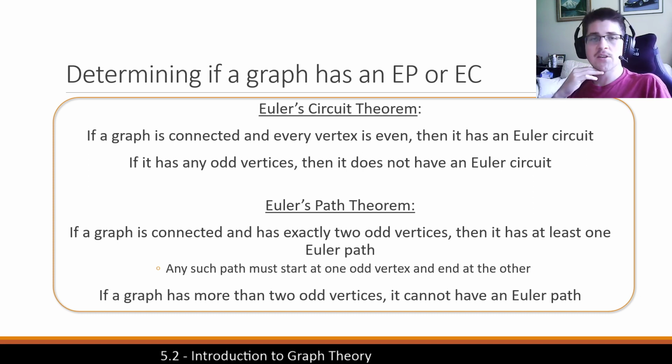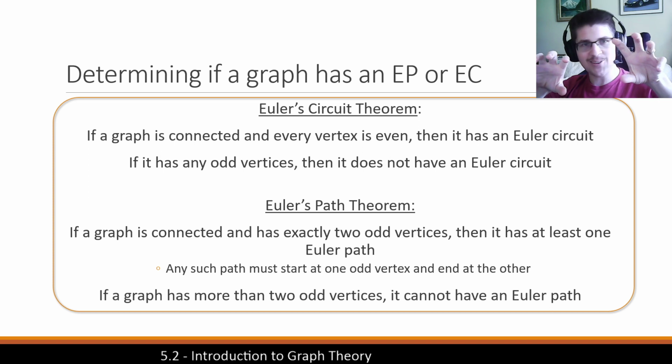Euler's circuit theorem states that if a graph is connected and every vertex is even, then it has an Euler circuit. If it has any odd vertices, it does not have an Euler circuit. So let's focus on that. It has to first be connected, and that's kind of obvious, because if it's not connected, there's no way you can cover every edge.